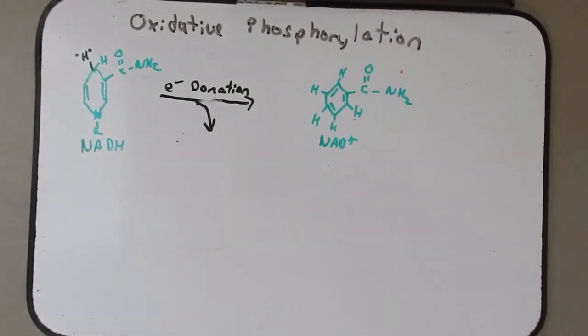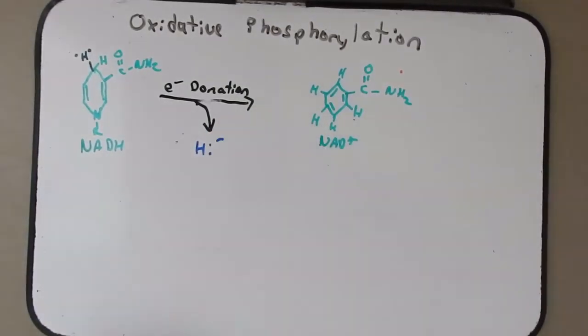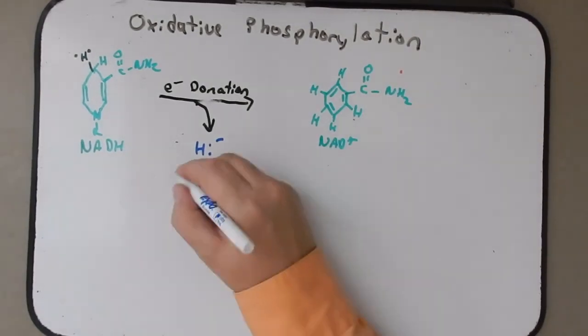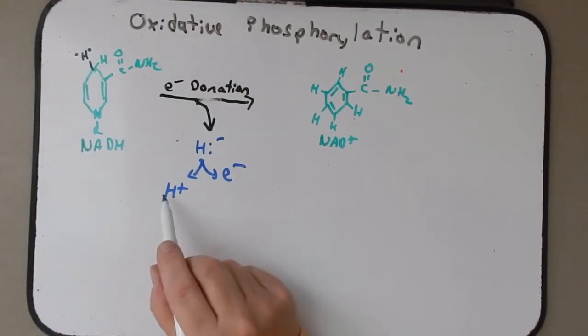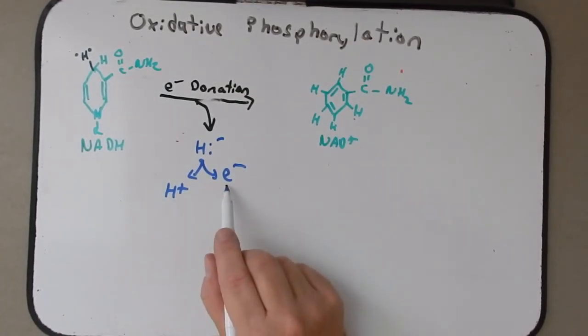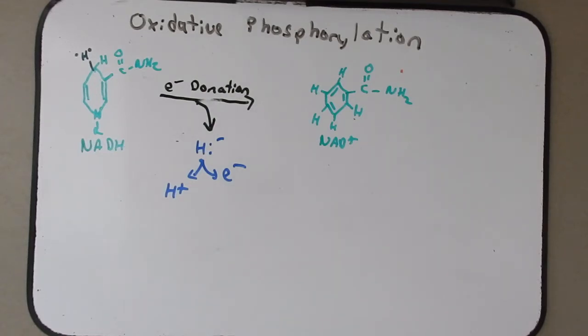It's now been lost. So this hydrogen right here, which comes off, and it's negatively charged, but the electrons are peeled off, and we end up with something that looks like this, where we created this proton, which we're going to use to establish that electrochemical gradient, and the electron itself here, which we're going to donate, that's going to generate the energy necessary for the movement of these protons.